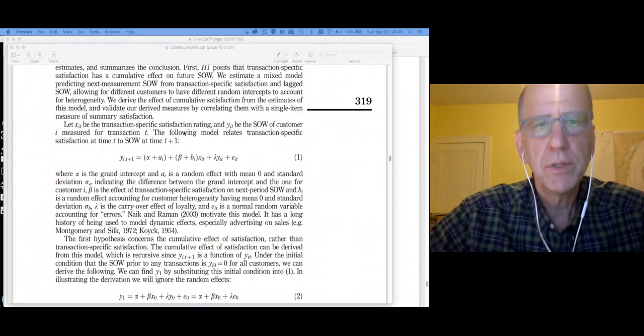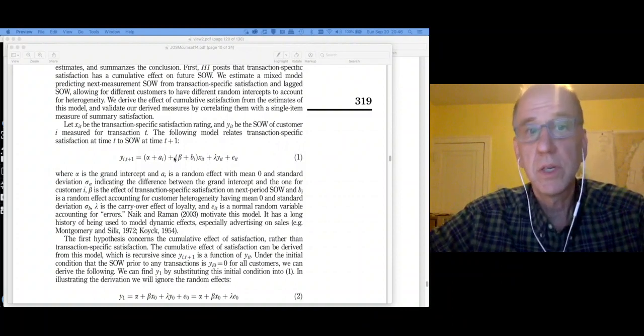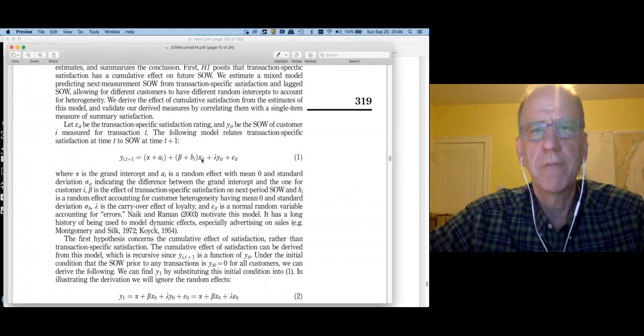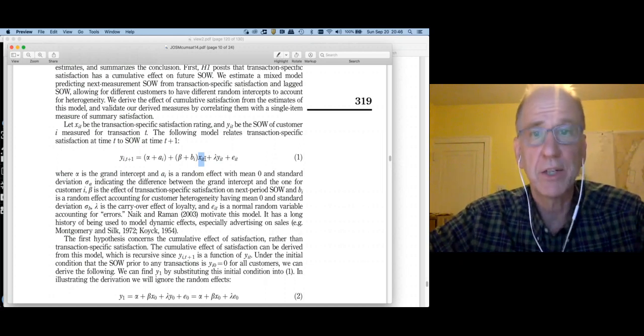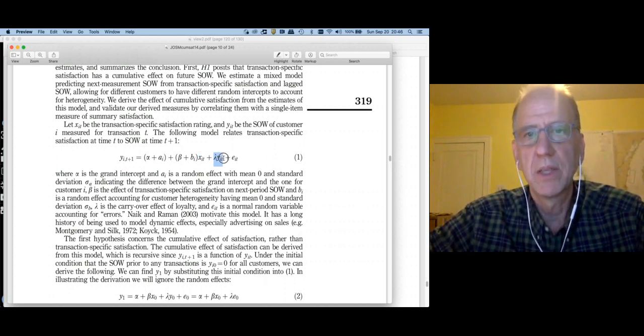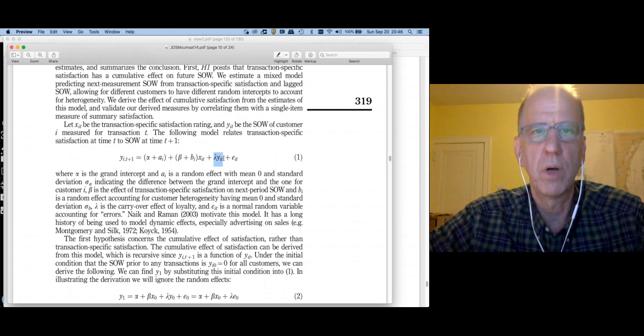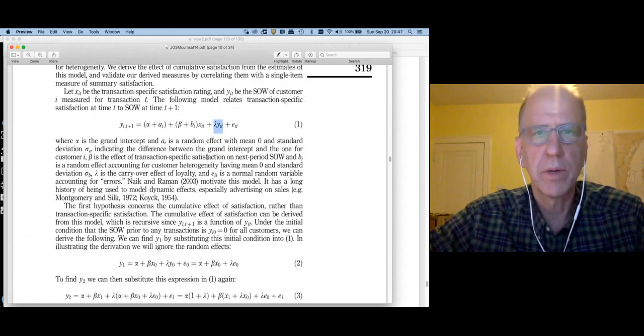So if you're interested in reading this, you can see where my share of wallet, so how much I purchase at the focal firm, is a function of what my current satisfaction is, as well as a lagged version of my share of wallet. And so this is exactly the Koyck model, except that we also include some random effects.